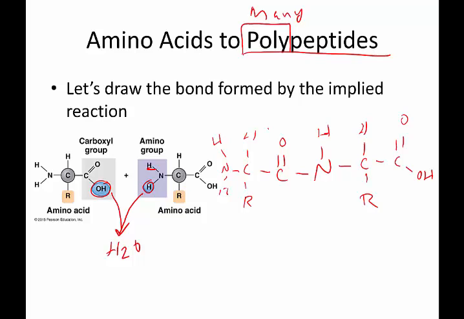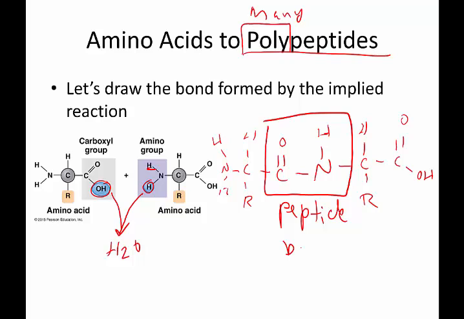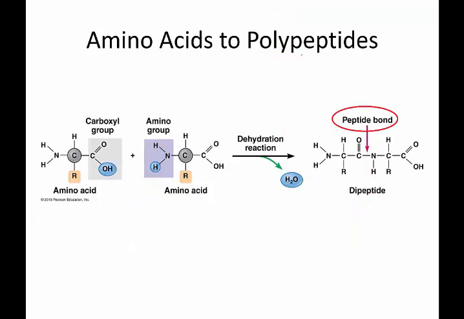So this bond right here between our carboxyl and amino, or what were the carboxyl and amino groups, is actually called a peptide bond. So this is how we get the word polypeptide. So poly means many, and peptide refers to the peptide bond linking these amino acids together. And so here's that, just written out in a nice figure.